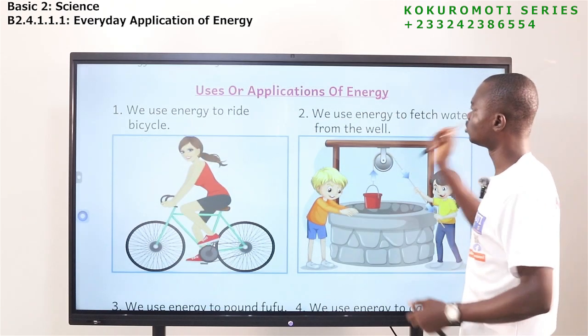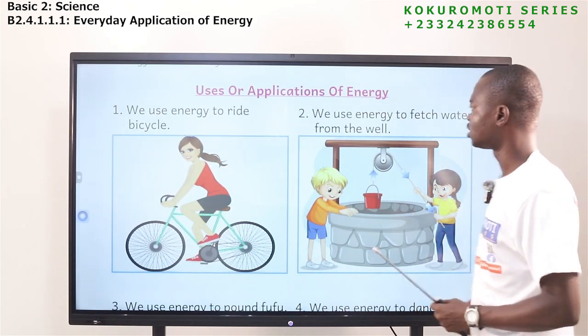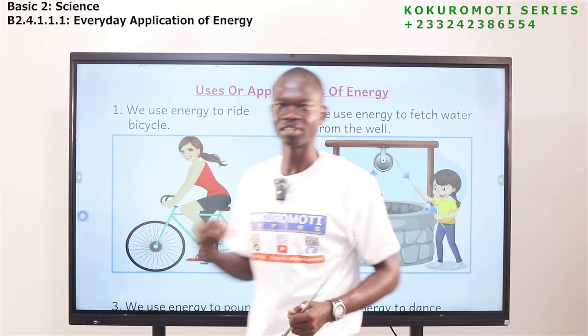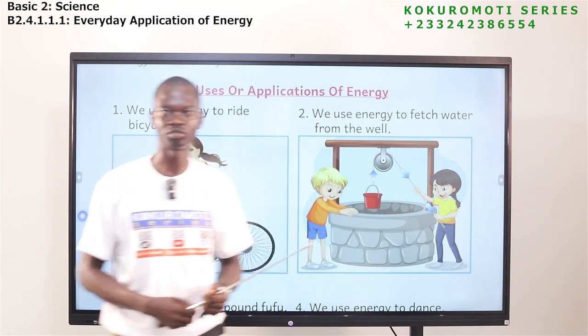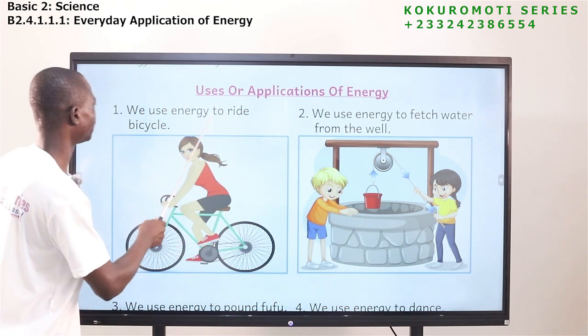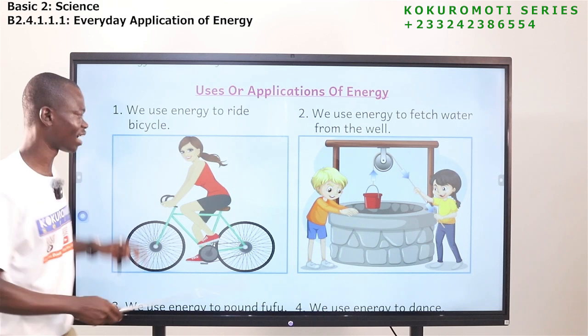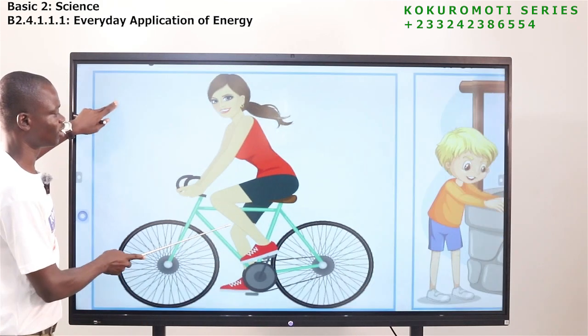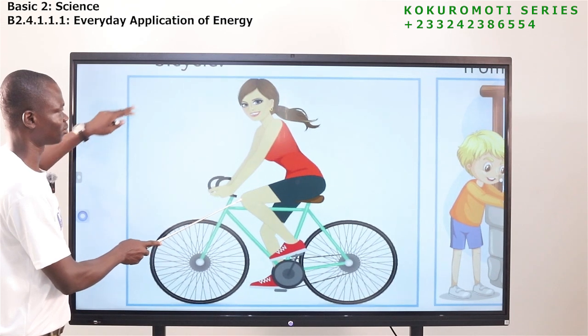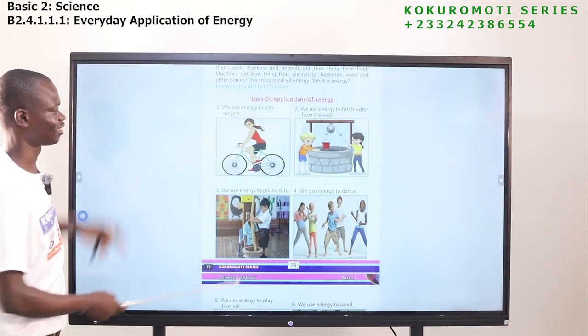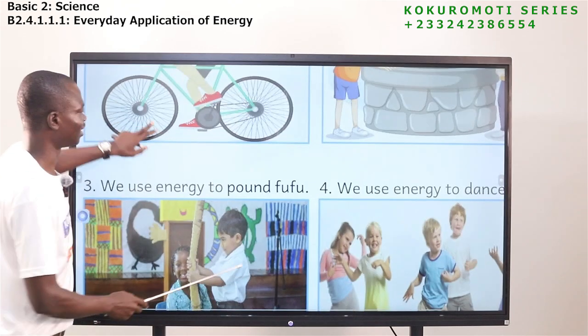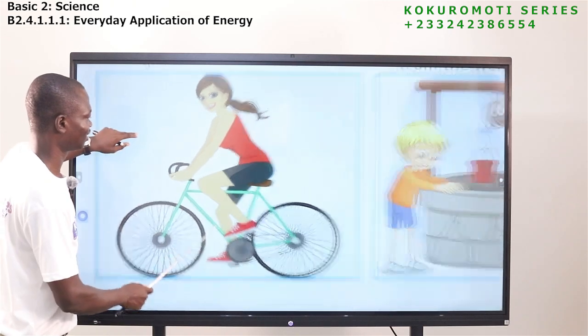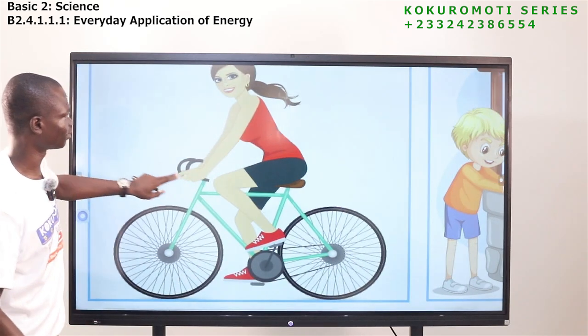Now, uses or application of energy. If you have energy, what are some of the things that you are able to use the energy to do? Okay, one, we use energy to ride a bicycle. Let me see by hand those who know how to ride a bicycle. If you know how to ride a bicycle, put up your hand. So you see, the lady, she's riding what?